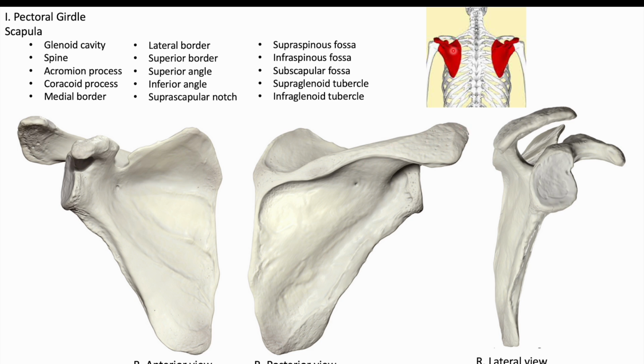If the spine runs to the left side, then you're looking at the left scapula. And then you can apply the terms to whichever scapula you're looking at. Make sure you can identify and differentiate between both the left and the right scapula. I showed you the right here, but make sure you can also identify the features on the left scapula as well.